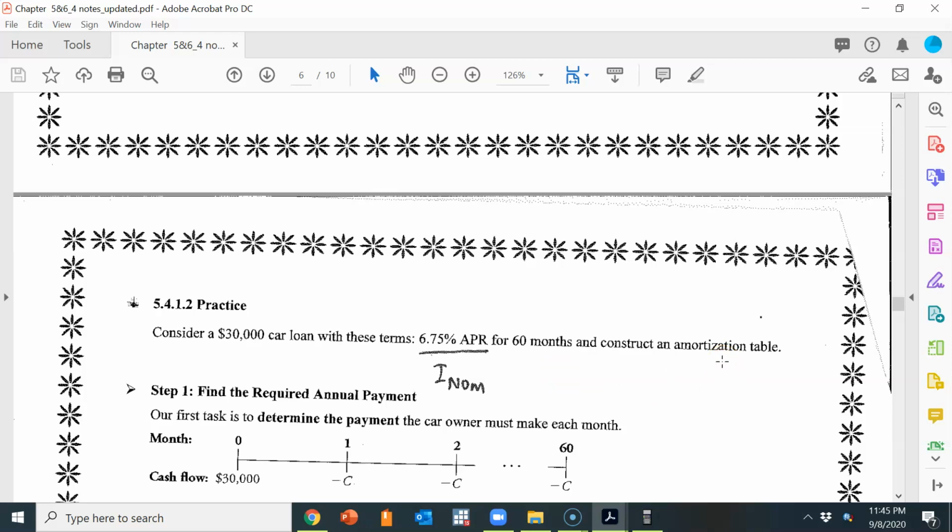Once you finish working on this question, you can read the solutions in the notes. Alternatively, you can watch our next video. I'm going to talk about the solution for this practice problem in the next video.